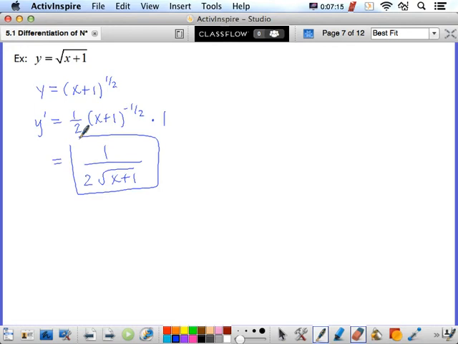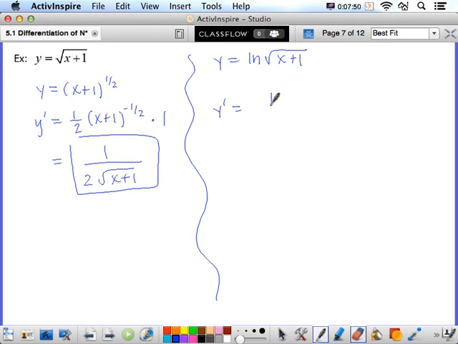Now I want you to do the same thing, but insert a natural log in front of it. So we're going to have y equals the natural log of the square root of x plus 1. Now, if you don't apply the power property first to this guy, and you try to just do the regular natural log formula, you have to do the derivative of this, all over this.